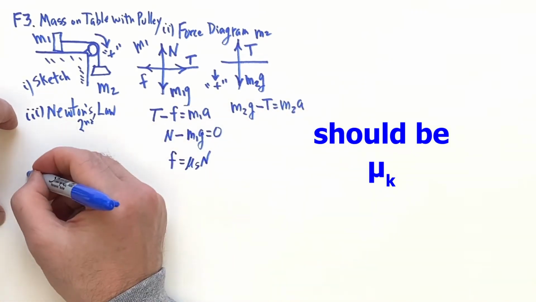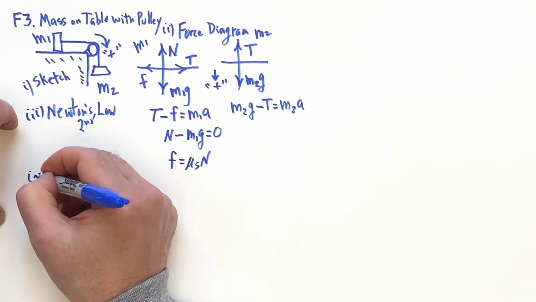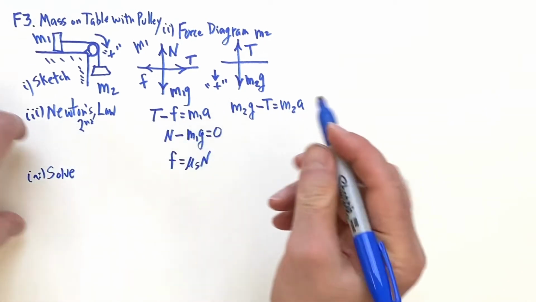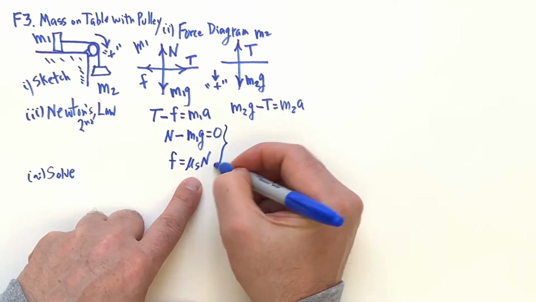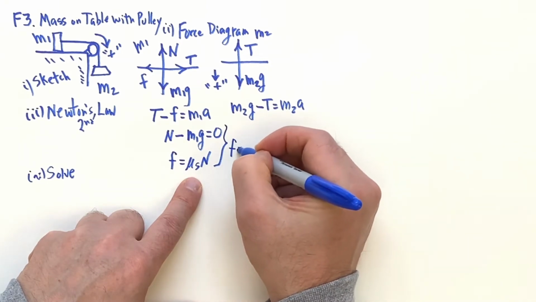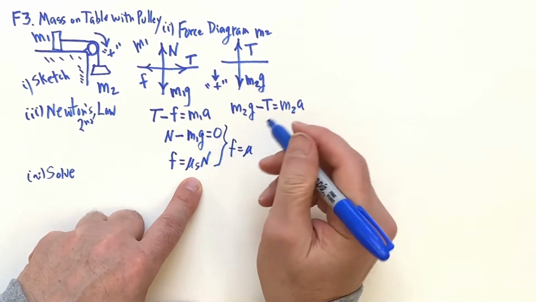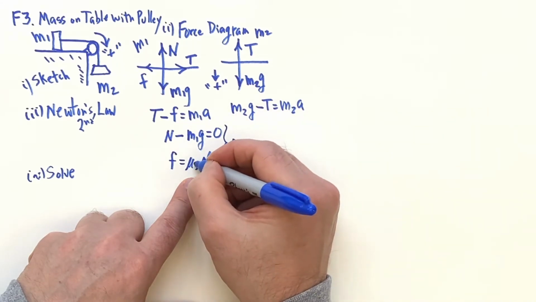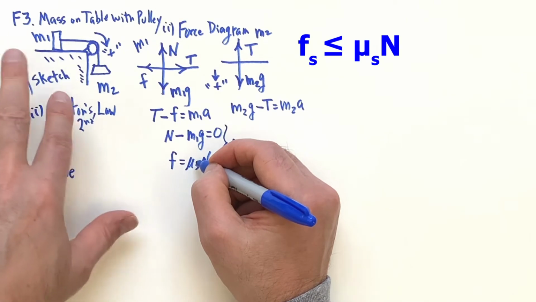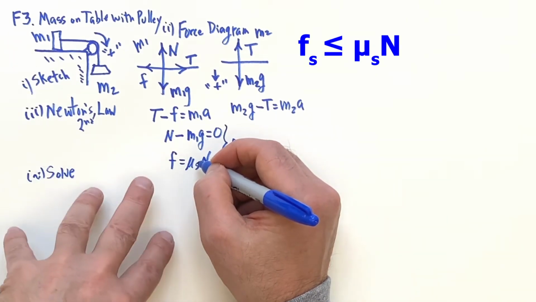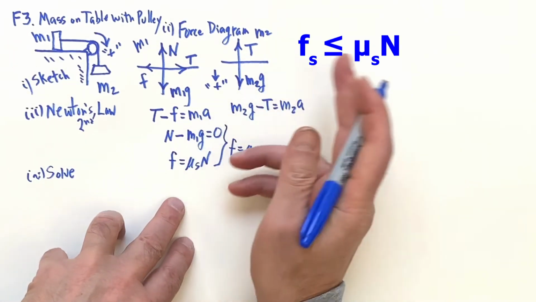And now we're ready to do the solution. Step 4 is to solve. I like to start here last and work with these 2 equations to get F is M. Oh, this is, by the way, a kinetic case because this is moving. Now, if it weren't moving, this would be correct the way I have it here, and acceleration would be 0.